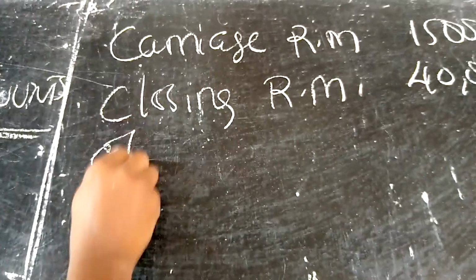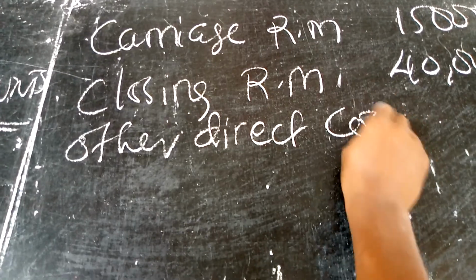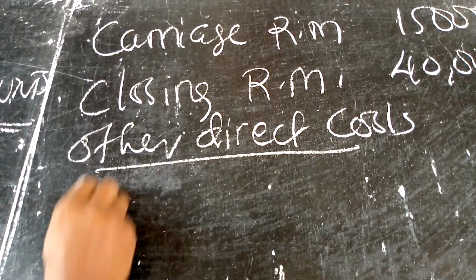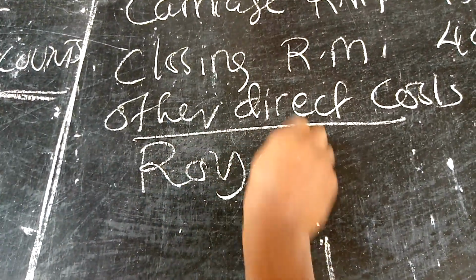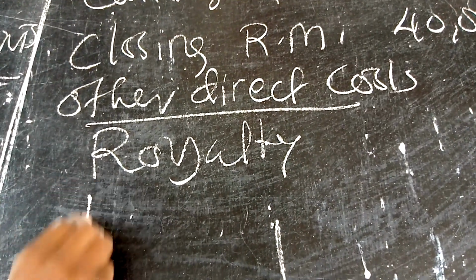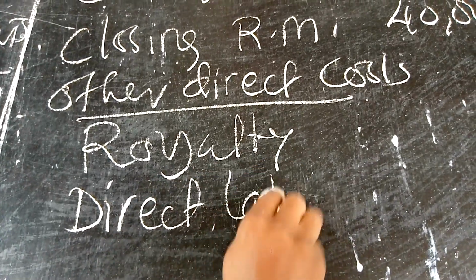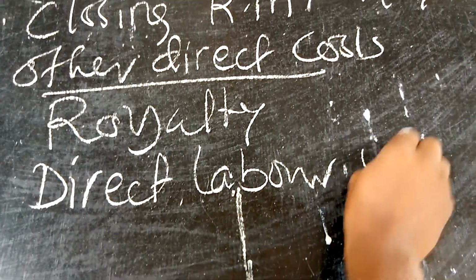But other direct costs, let's say we have royalty and direct labor wages.